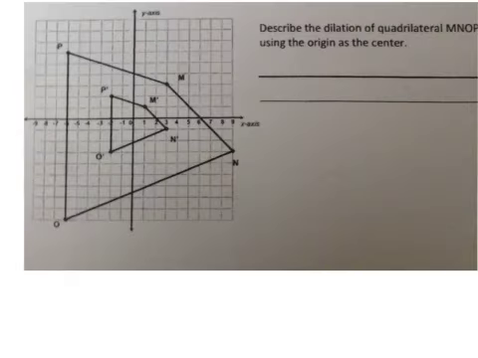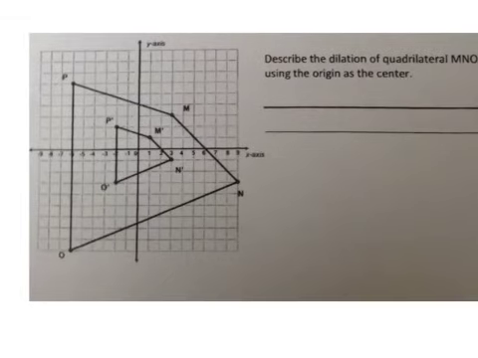Okay, last example here. It says describe the dilation of quadrilateral MNOP using the origin as the center. So let's name our M, N, O, and P first. Alright, so M is located at 3, 1, 2, 3, at 3, 3.